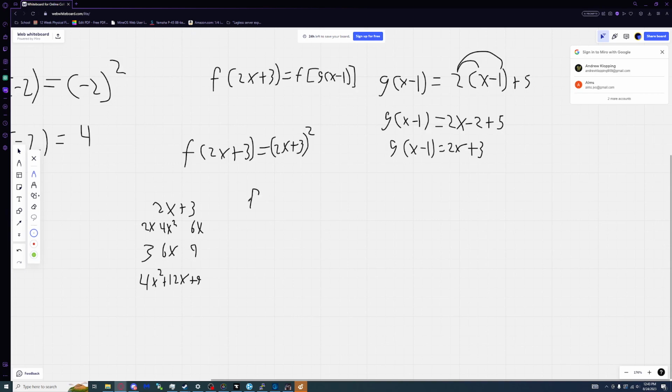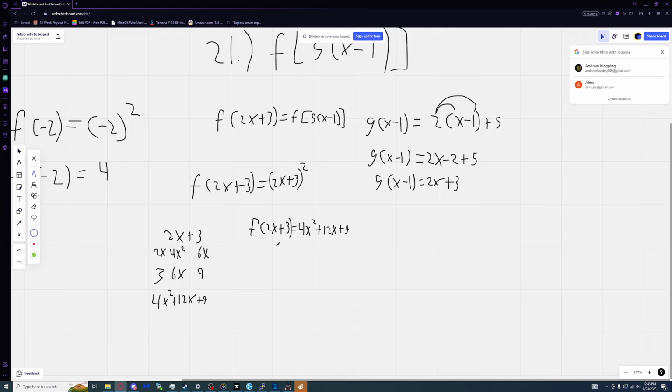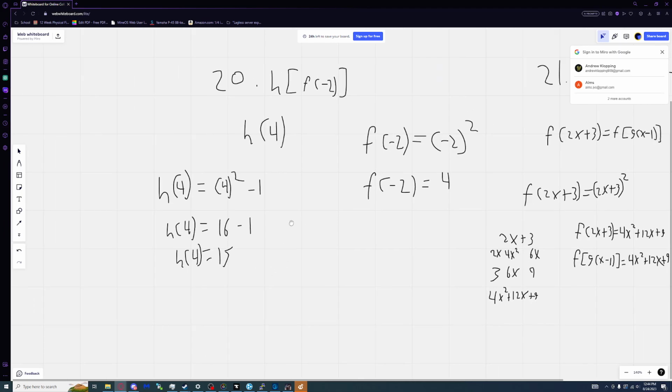So, f of 2x plus 3 is equal to 4x squared plus 12x plus 9. Let me put that there. Which therefore means f of g of x minus 1 is equal to 4x squared plus 12x plus 9. And I'm going to go rewrite this over here the same way.